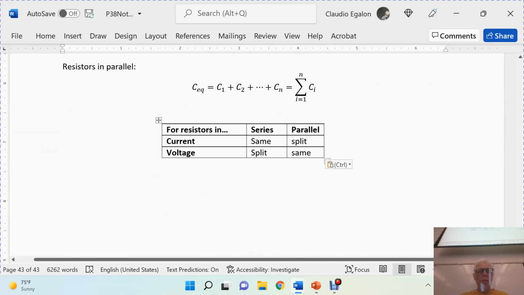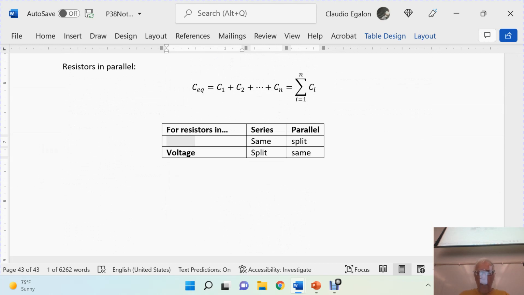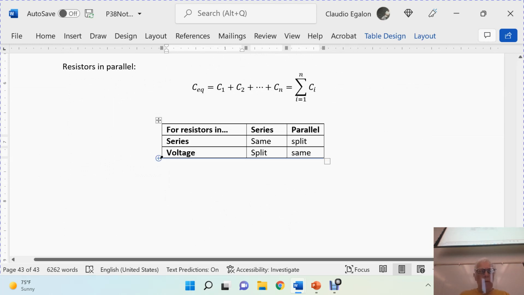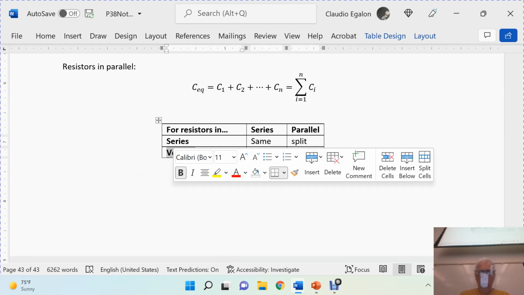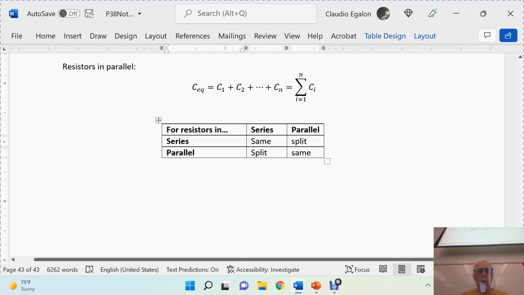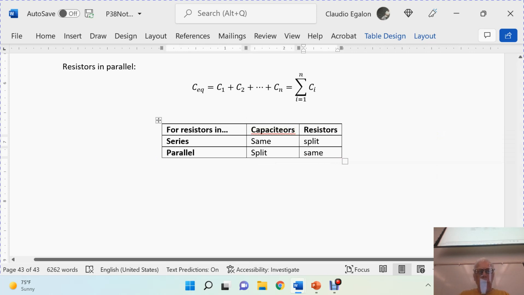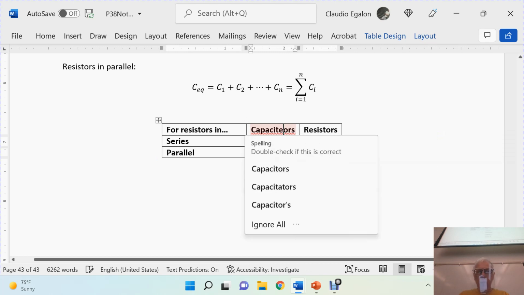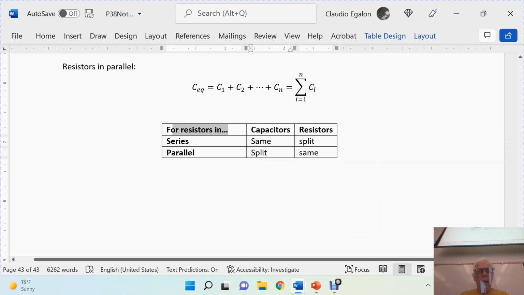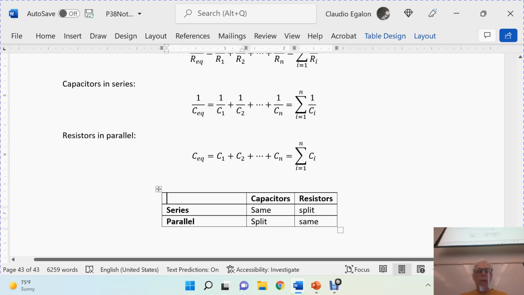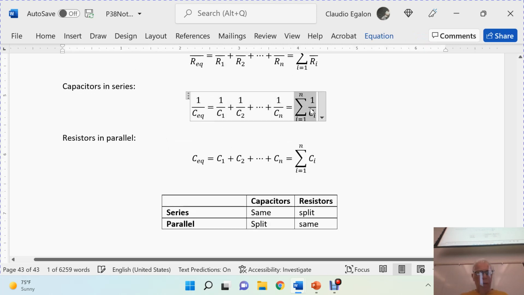You know, capacitors. Let's see, series, parallel, capacitors, resistors. Okay, capacitors in series, here's the relation.